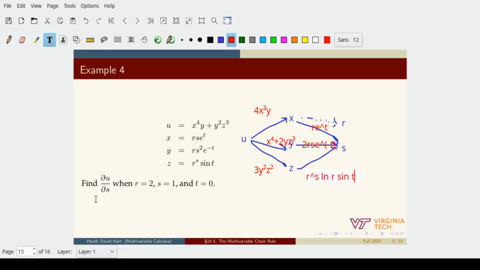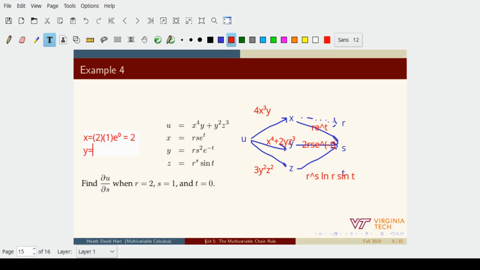So let's do some calculating here, because we want to know what this is when r is equal to 2, when s is equal to 1, and when t is equal to 0. So x is equal to 2 times 1 times e to the 0, and that's equal to 2.